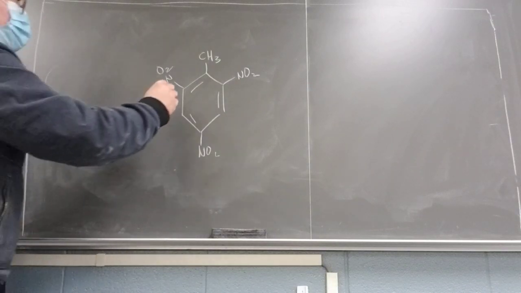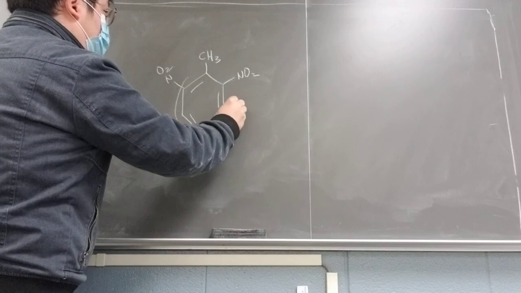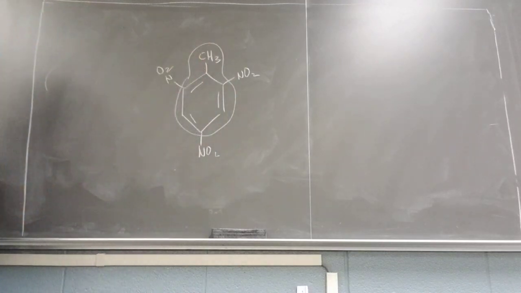Oh, and in here, this is your base. So a benzene ring and one methyl group is attached to it. If you guys remember, it's toluene. Okay? So toluene is your base, and you have 3 nitro groups.